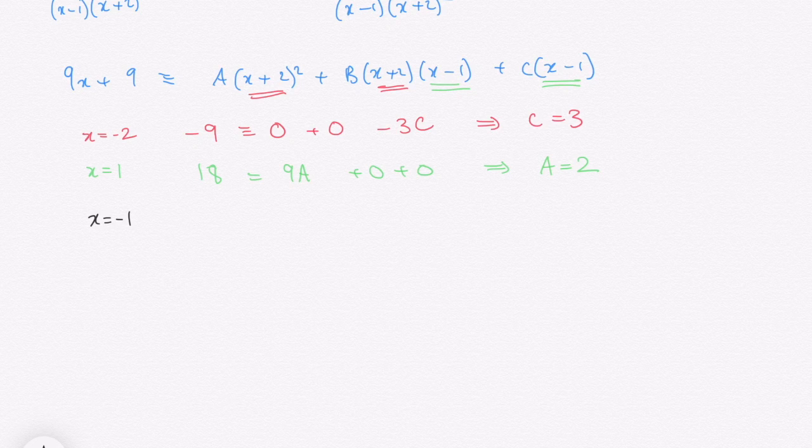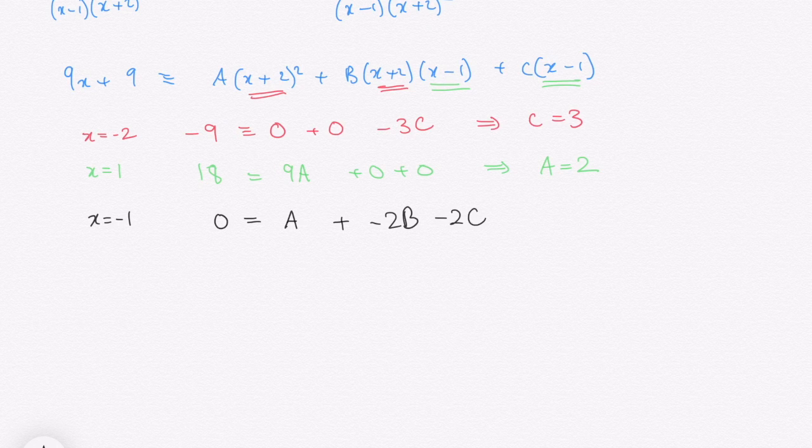But if we let x equal minus 1, we get minus 9 and 9, so we get 0 equals a lots of minus 1 plus 2 is 1, so 1 squared, so a, plus b lots of minus 1 plus 2 is 1, minus 1, so plus minus 2b, and then here we get minus 2c.